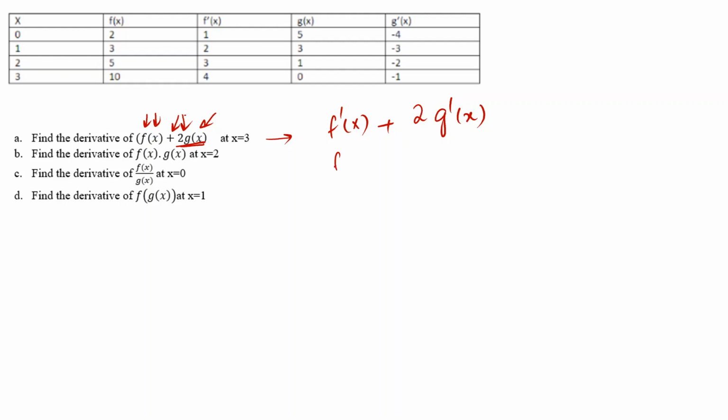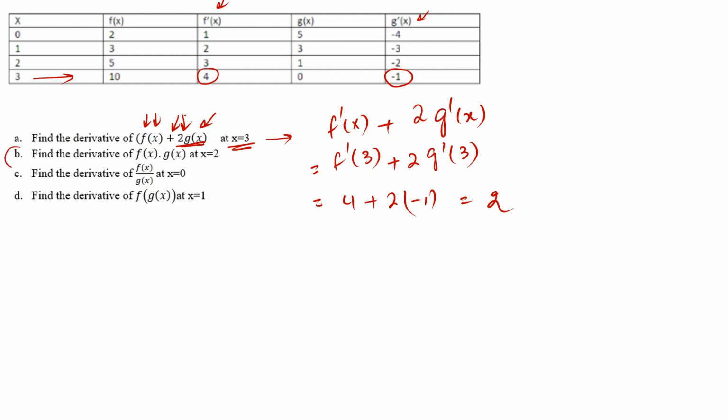Now we have to find f prime of 3, because the value of x is 3. So this is f prime and here is the 3. So that is 4 plus 2 times g prime of 3. So g prime is here and the value at 3 is -1. So 4 minus 2 gives us 2.